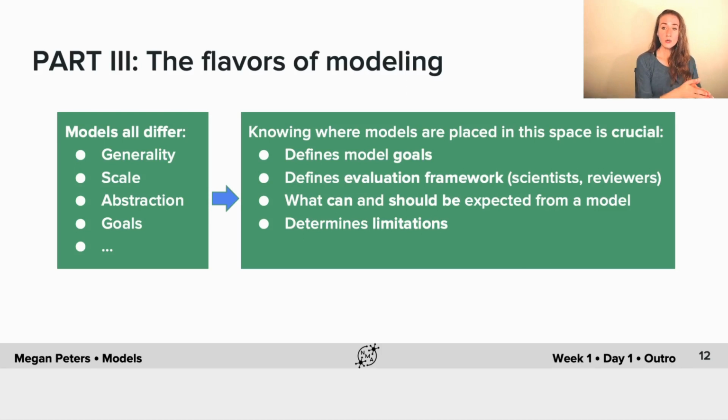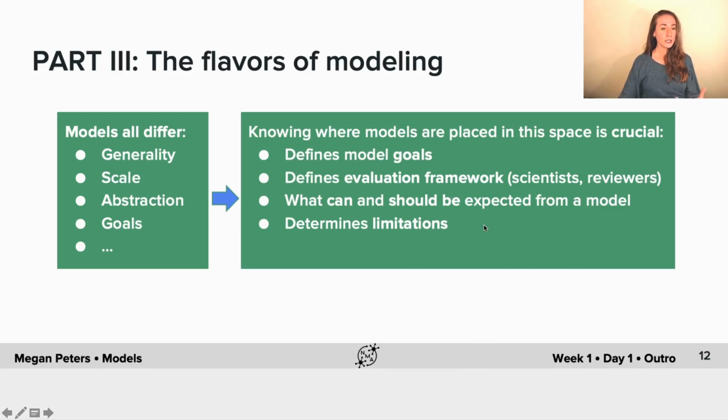So knowing which models are out there and how they differ also helps us think about what we can expect from a model, both in terms of what it can do, but also defining its limitations, what it can't do.